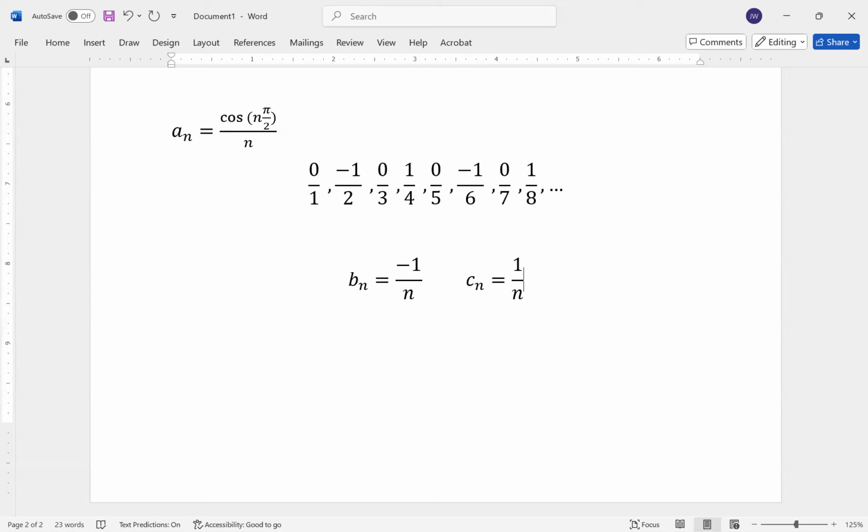And you can see that my a sub n at the lowest is always -1 over n. At the highest, it's +1 over n. And then sometimes it's just 0.